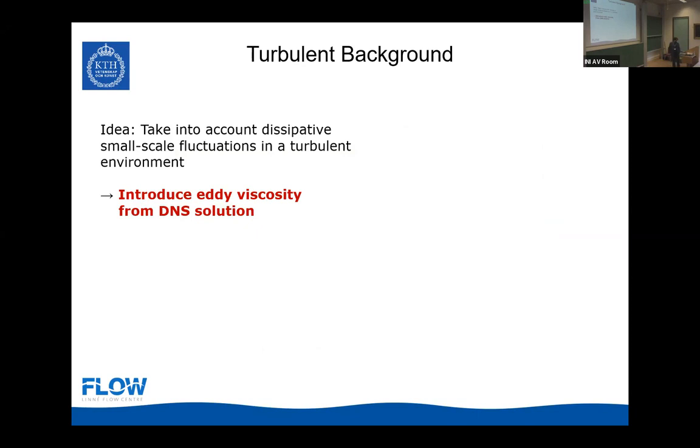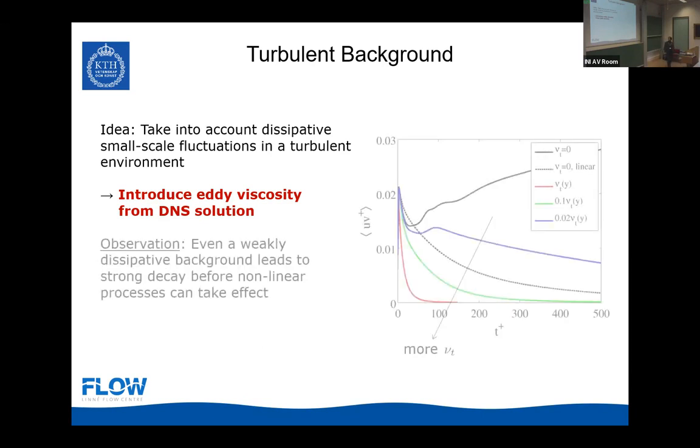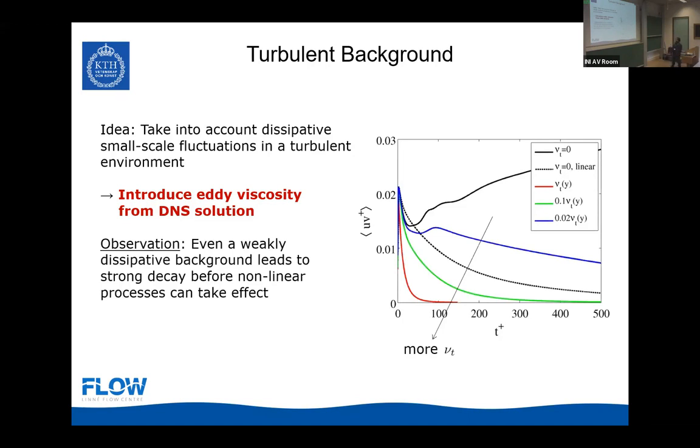So we redid this experiment with noise. And since we had the DNS, we could just take the eddy viscosity as a model and add this. And then the unfortunate result was that if you look here at the black line, that's when we had no eddy viscosity, so the laminar flow. As soon as we started to add a little bit of eddy viscosity, you can see it here at 0.02, so 2% of what the eddy viscosity should be, this auto-generation actually doesn't happen anymore.